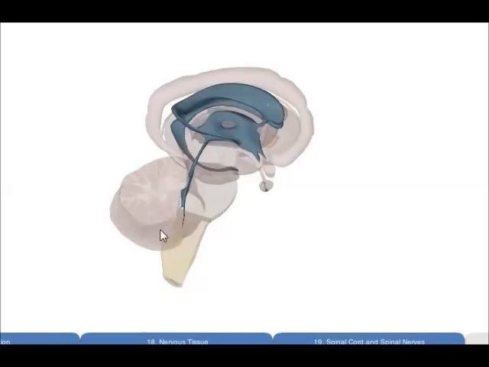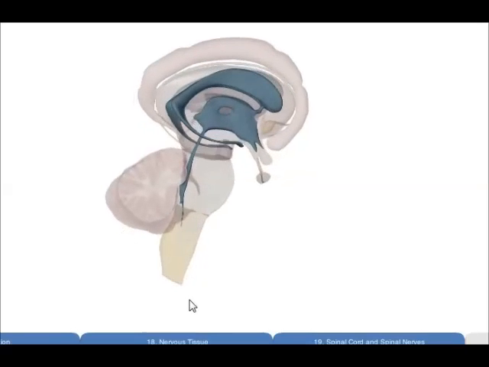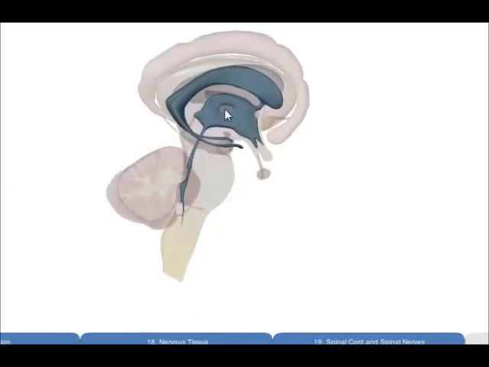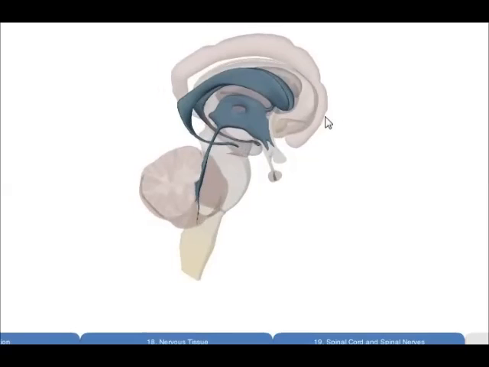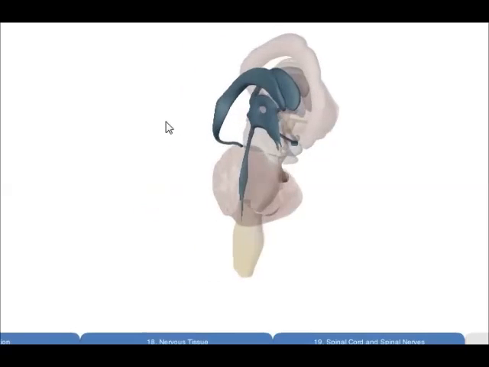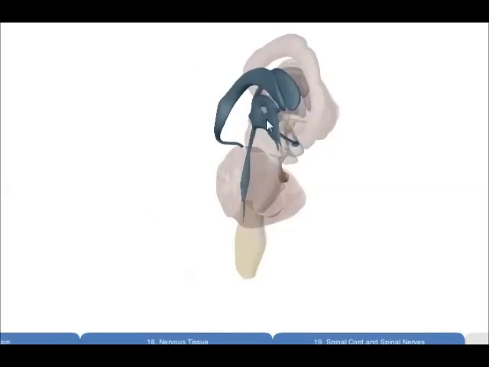It's synthesized. Let's get this upright. So we're looking right on the side of the ventricle here. It's synthesized in a structure called the choroid plexus, which are blood vessels inside the ventricles that synthesize and make this cerebrospinal fluid. So it goes through these lateral ventricles where it's made and into the third ventricle here.